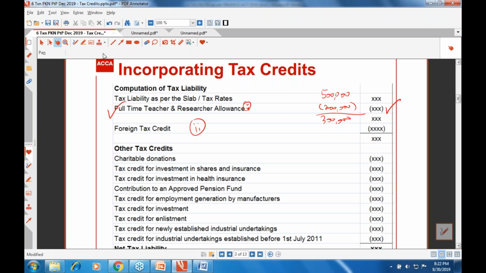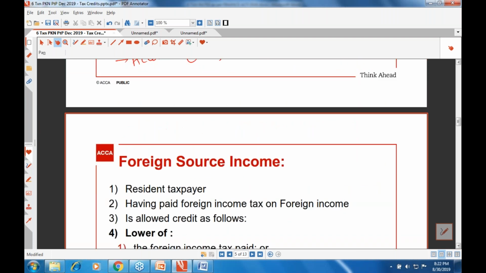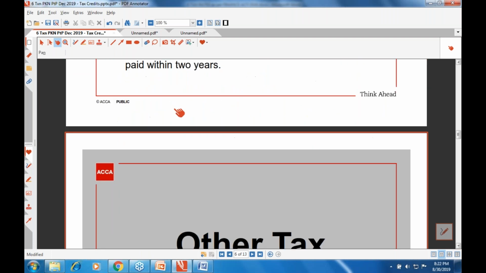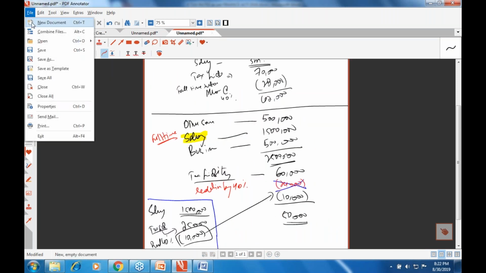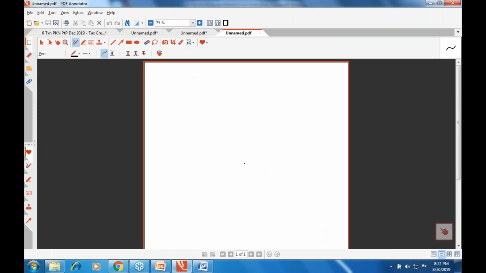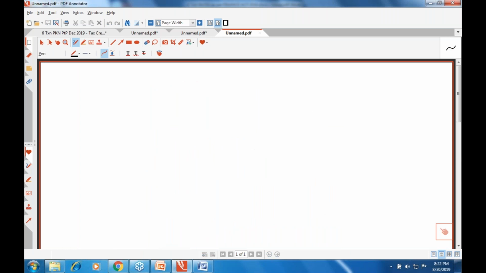I'm going to talk about the foreign source income also, but let's try to understand this first. What can actually happen is you're resident in Pakistan, but you have got a foreign source income.